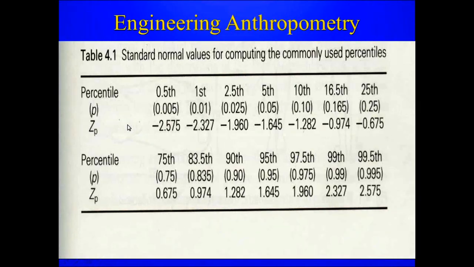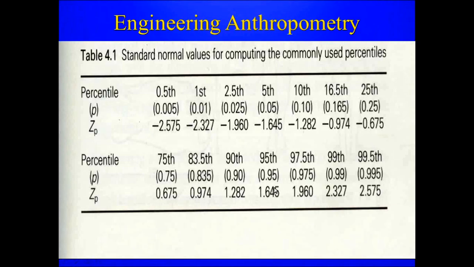So here's your Z table and your percentile that we're interested in. And as I mentioned to you, we're interested in male and female combined, from the 5th percentile female to the 95th percentile male, and these are your Z-scores that you get. So for the 5th percentile, you have a minus 1.645. For the 95th percentile, you have a plus 1.645.